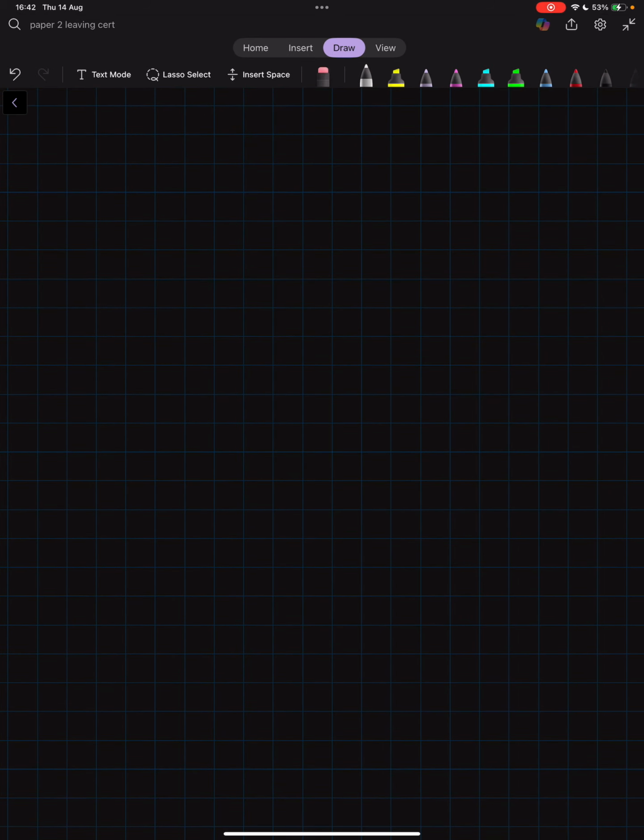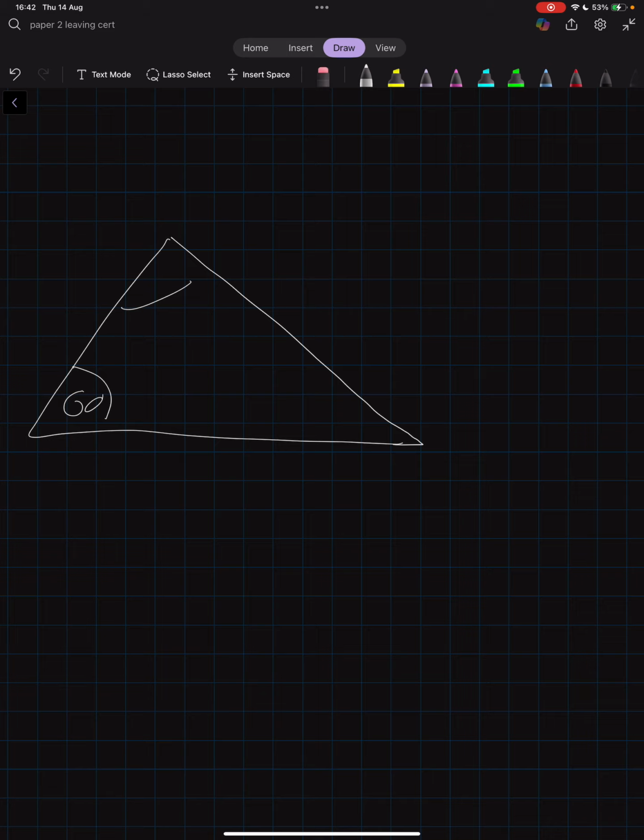So now we're doing congruent. So everything is the exact same. Okay? So congruent would look something like this. Say this is 60, this is 80, this has to be 40, this is 6.5, this is 7, this is 4.